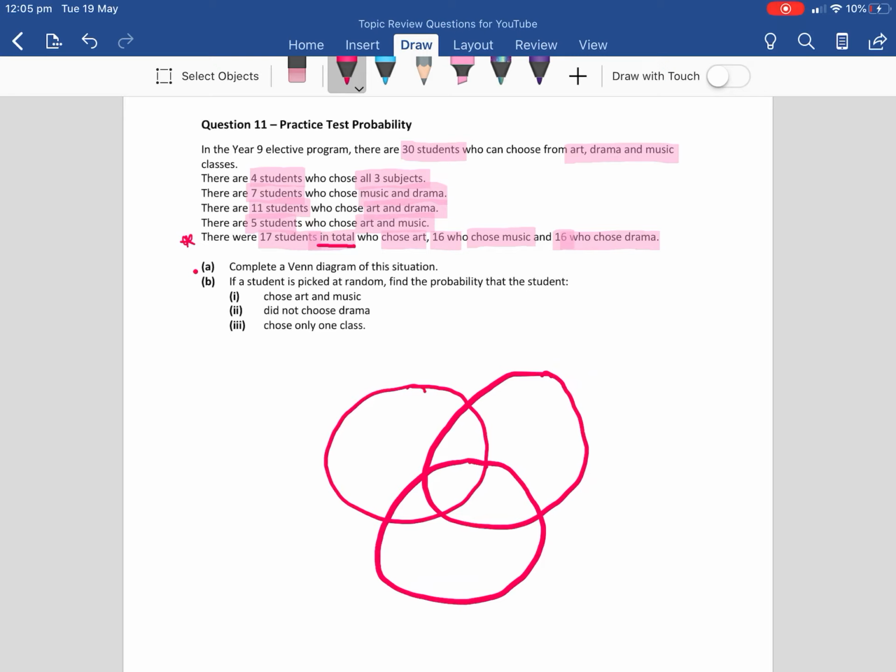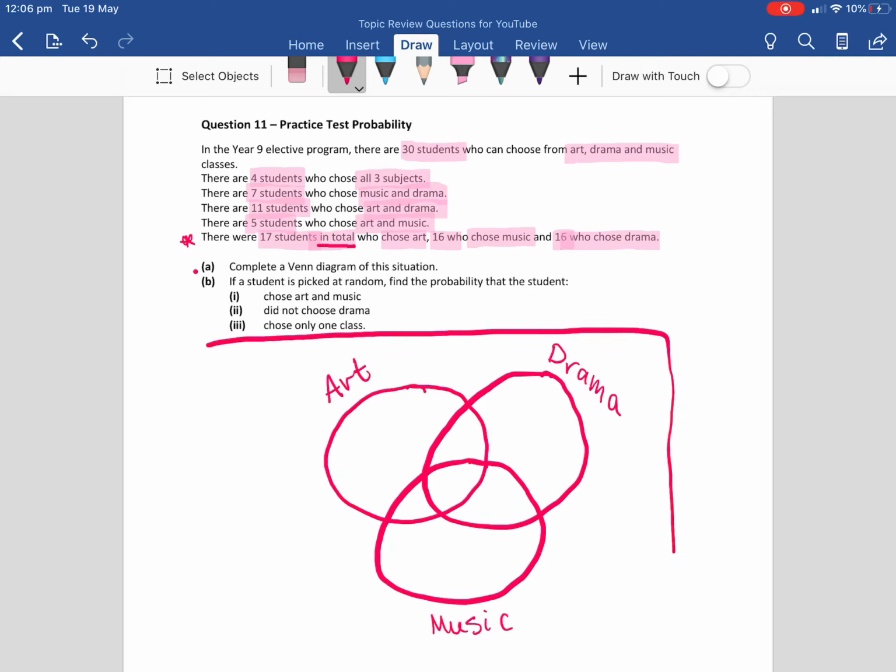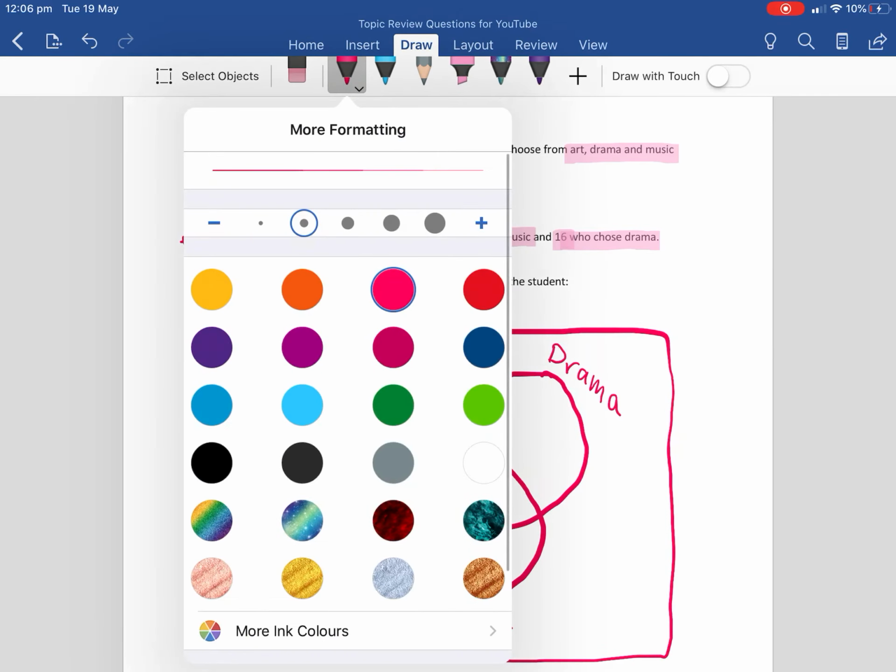Okay, and this one can be art, this one can be drama, and this one can be music. And remember, they always need to be in a rectangle. All right, let's change colour.